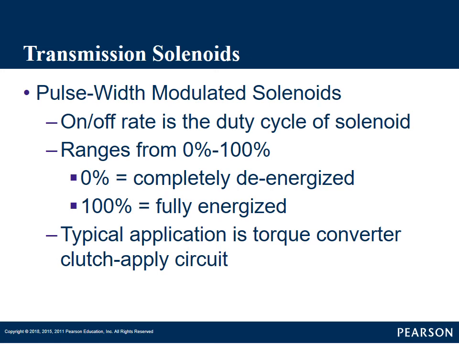Now that we've talked about on-off solenoids, we'll talk about pulse width modulated solenoids. We talked about pulse width modulation. They use a set voltage, but how long the voltage is applied changes. It has the same voltage, but they change how long that's applied to the solenoid.